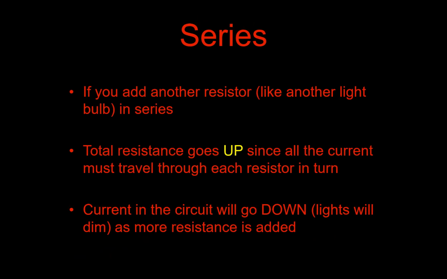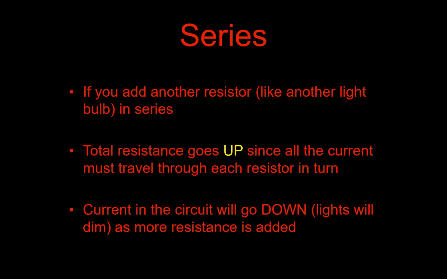This means if you add more resistors in a series circuit, so if we keep putting light bulbs and stringing them together in our circuit in series, what we'll do is just keep adding to the resistance, R1 plus R2 plus R3 for however many resistances we add. And that will cause the total resistance to go up, as all the current has to travel through each resistor in turn. Consequently, the current in the circuit will go down and the lights will dim as more resistance gets added.